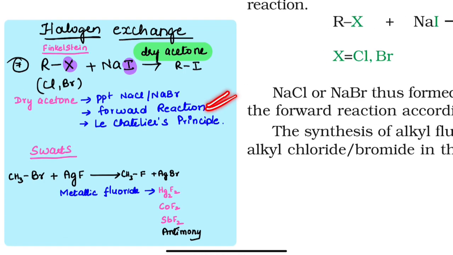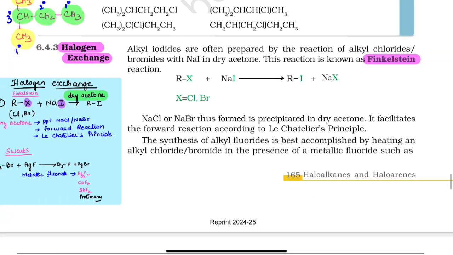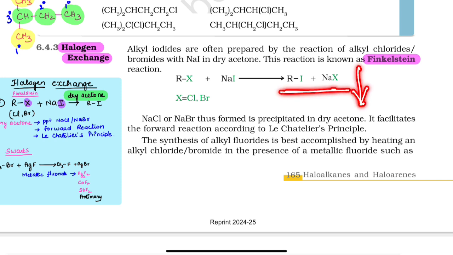Second, it helps the forward reaction according to Le Chatelier's principle. I have done tricks on Le Chatelier's principle, so if you don't know it, you can go to the playlist and go through that video. Le Chatelier's principle is that whenever you decrease the concentration on one side, here this is the reactant side and this is the product side, and on the product side we are removing this, meaning we are decreasing the concentration, the reaction will proceed in the direction where the concentration will decrease.